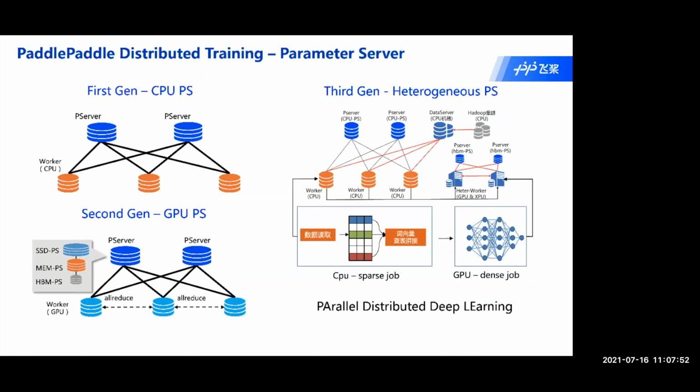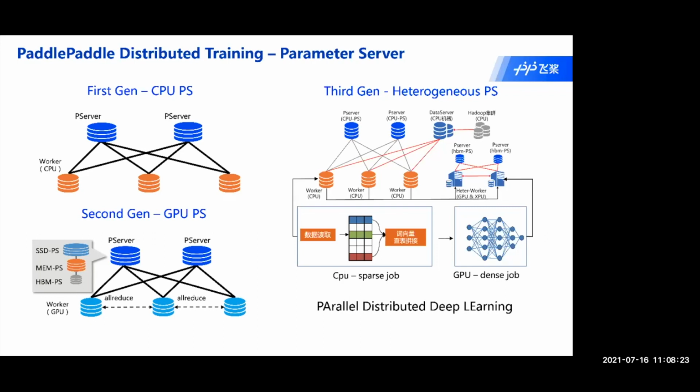And let's see how Paddle distributed training has progressed. When the Paddle project was launched, we took distributed training as the basic ability. In this field, Paddle has many pioneering technologies. In 2018, the first generation of Paddle consisted of pure CPU machines, and the parameter server model could support model training with trillions of sparse parameters.